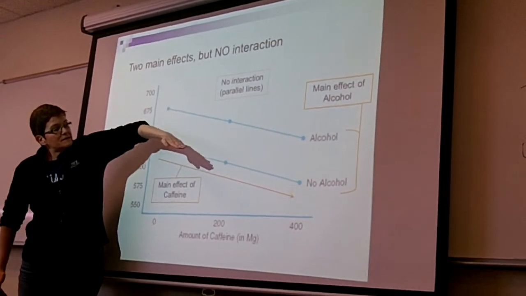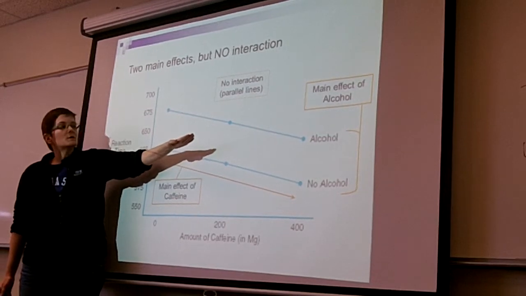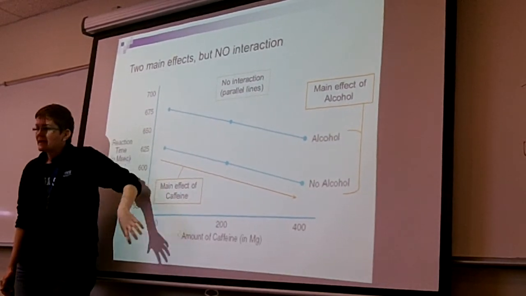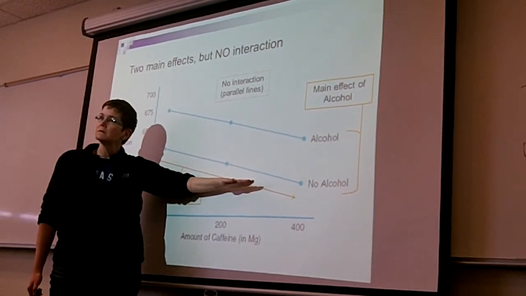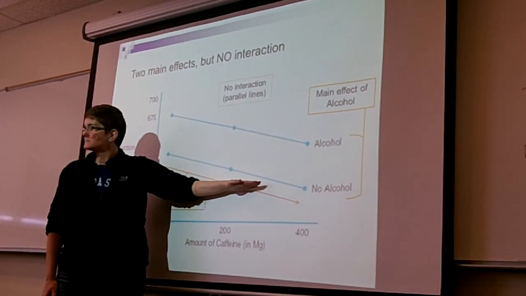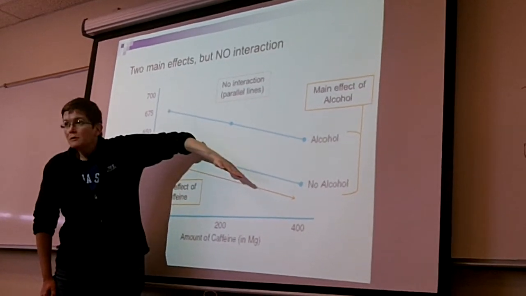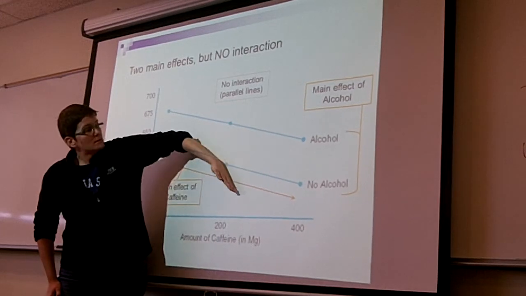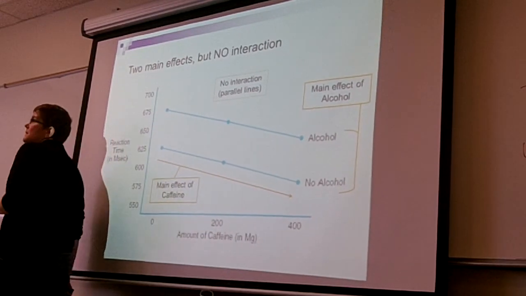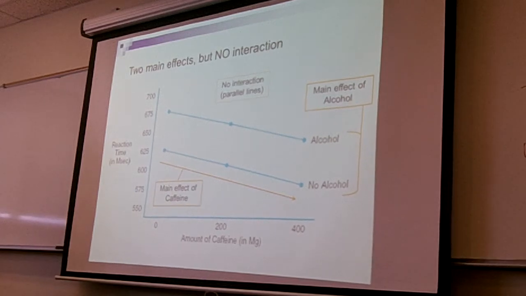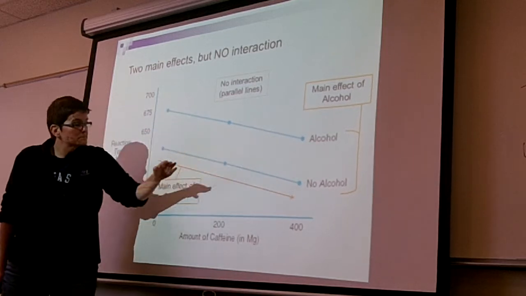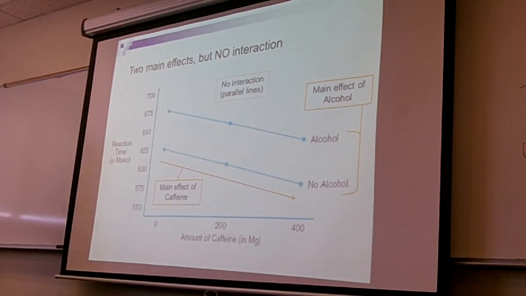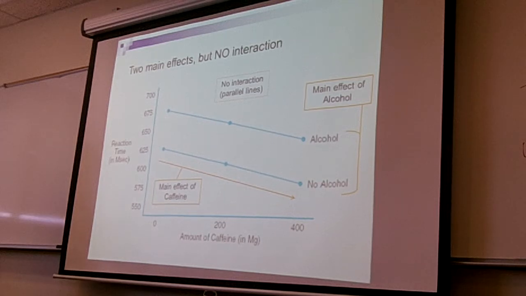The closer they get to flat, the less likely you are to have a main effect of whatever's on that x-axis, because the closer they get to flat, the more similar they are, right? But the more the lines tilt up, the more slope you have, then the more likely you are to have a main effect. So because these lines are sloping, that suggests we have a possible main effect of caffeine. Just depends on how much slope they need to have to be significant.